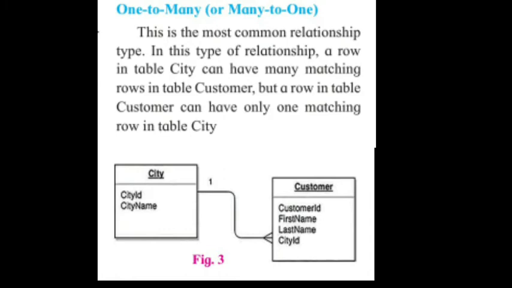So for different subjects we have different tables. How can we establish the student relationship with these tables? This is what we call a one-to-many or many-to-one relationship.